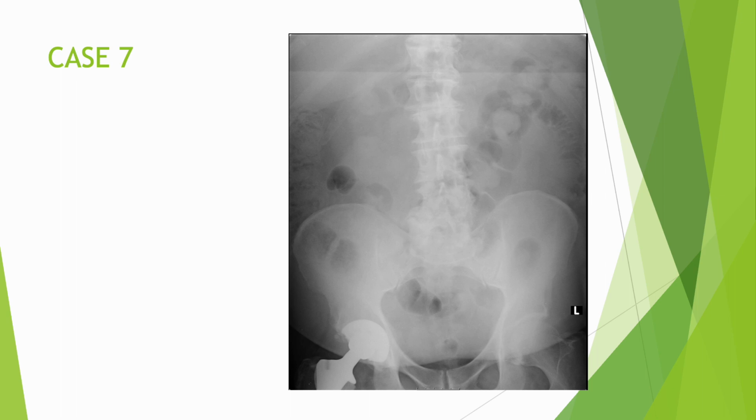The left hip joint, there's some early degenerative changes noted, and same with the lumbar spine region, there's some early degenerative changes noted, and a bit of feces in the colon, but not much else to say here.